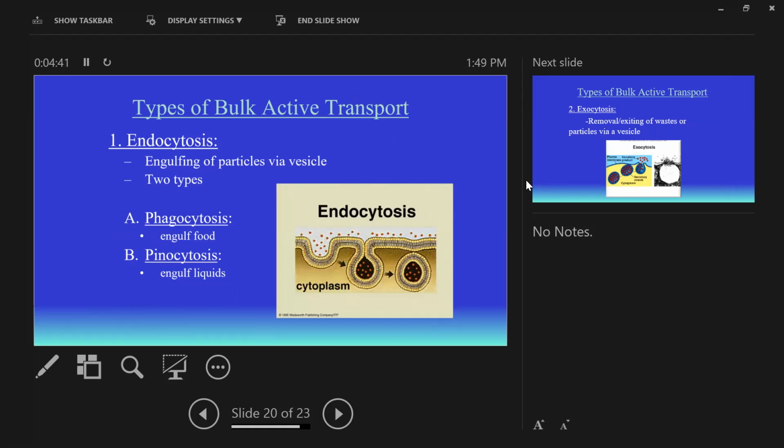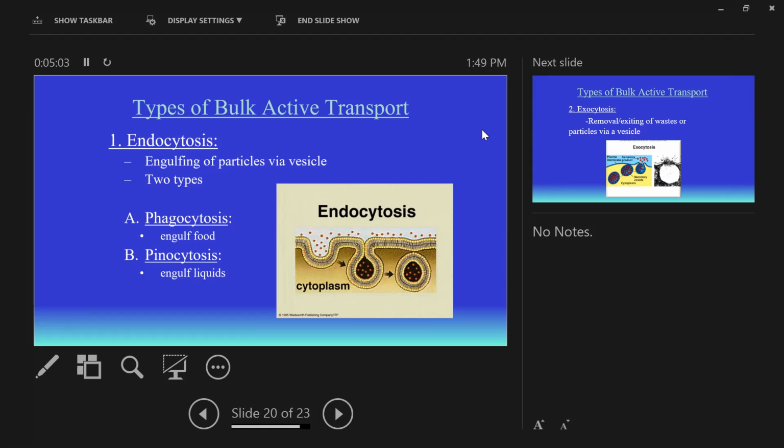Okay, so two types of active transport, bulk active transport. We have endocytosis and exocytosis. Endocytosis is engulfing of particles via a vesicle. So you can see down here, we have a start of how it's engulfing, and then it kind of breaks off into a circle, and that's the vesicle.